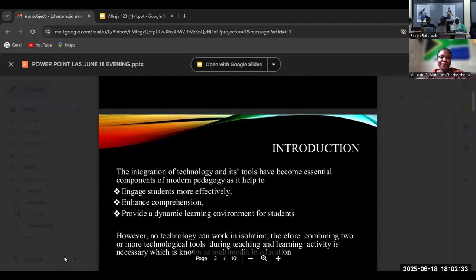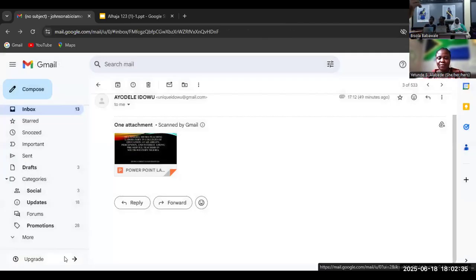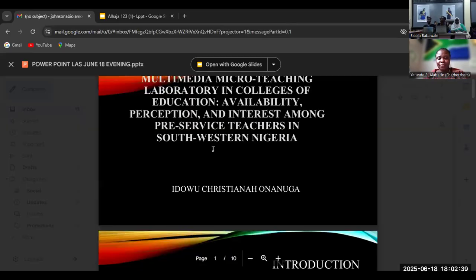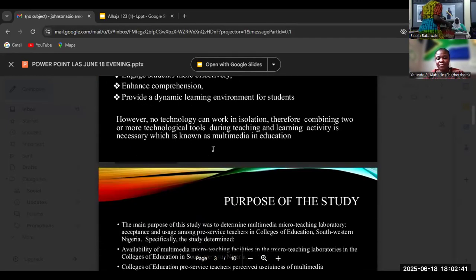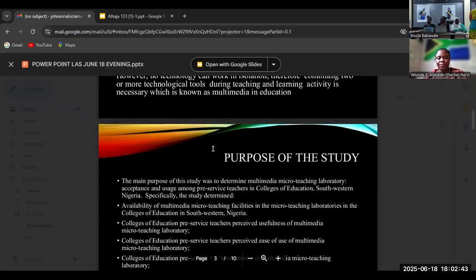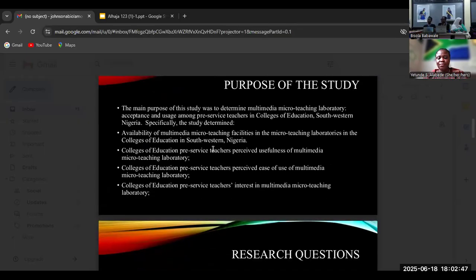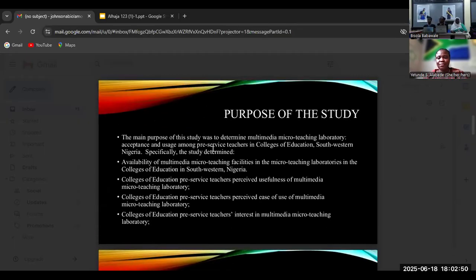Now that's the service teacher, and the introduction of different technology tools into micro-teaching is what I refer to as the multimedia micro-teaching laboratory. Around the year 2003 or thereabouts, the concept of the introduction of technology came, which has come to stay in every area of life.